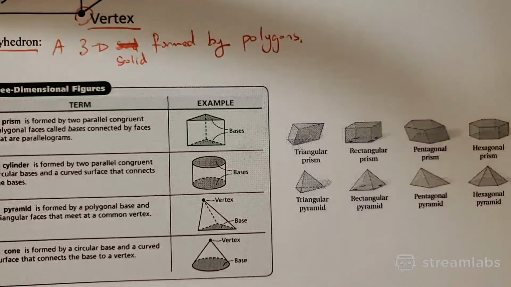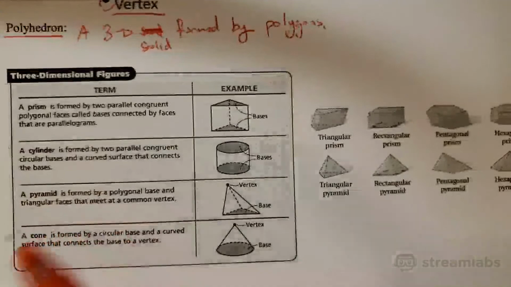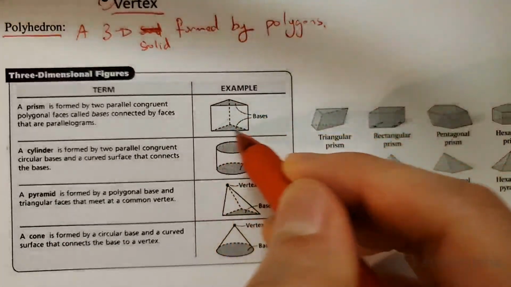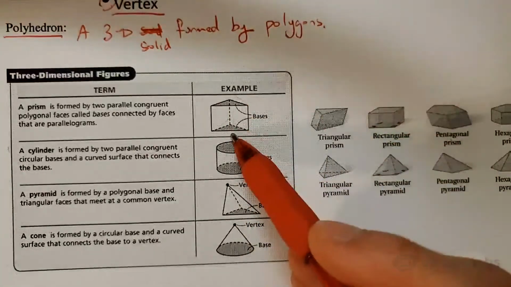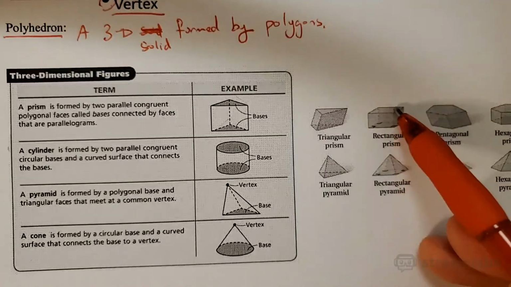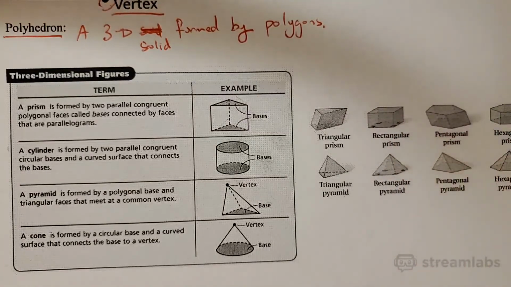So typically there are two main types of polyhedron we're talking about today. One is called prism, and one is called pyramid. Prism has two bases. They're congruent. If your bases are triangles, then it's called a triangular prism. If they are rectangles, then it's called a rectangular prism. Pentagonal means pentagon, right?